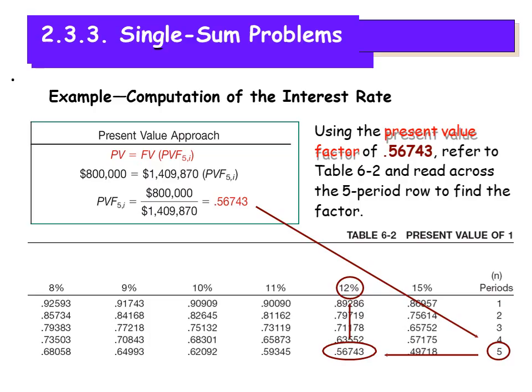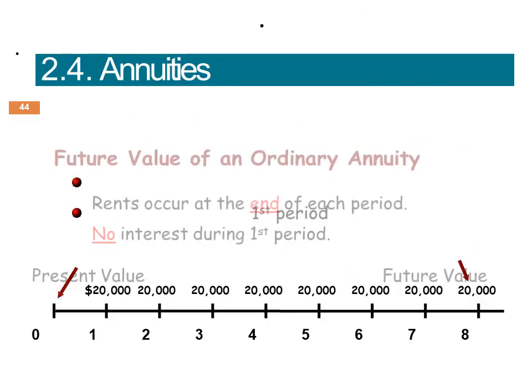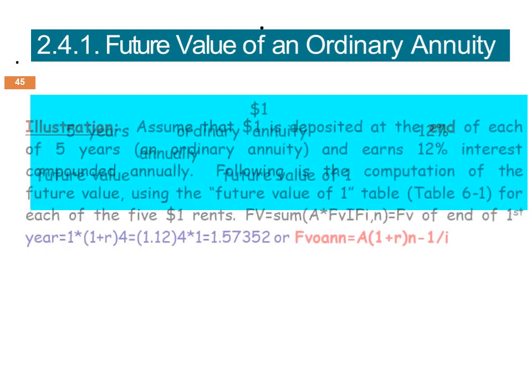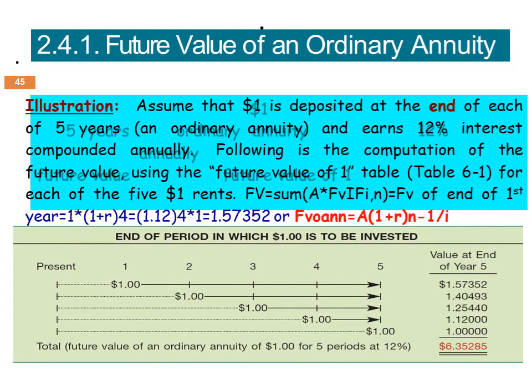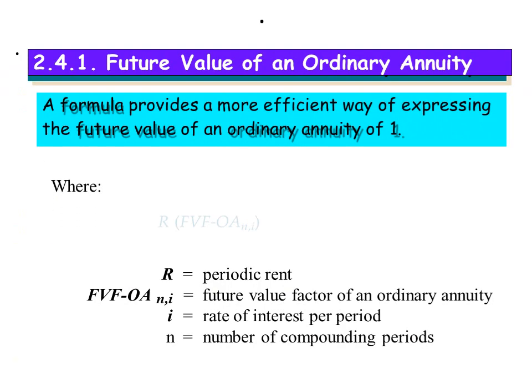The next, see which formulas? By factor formulas. This one. R, that is regular payments, in the brackets, future value factor of ordinary annuities. The future value factor for ordinary annuities is equal to 1 plus I to the power of n minus 1 over I. This is what we have discussed.